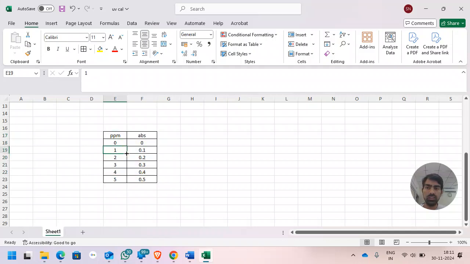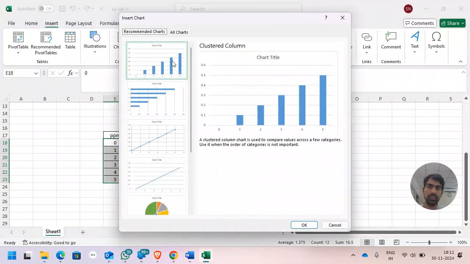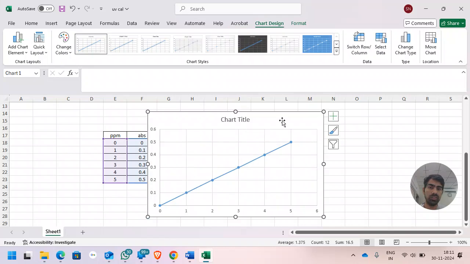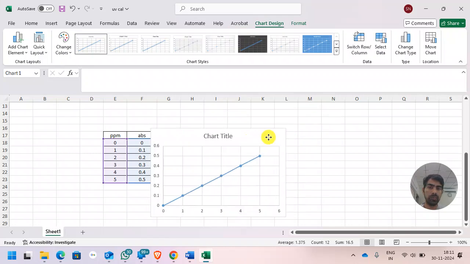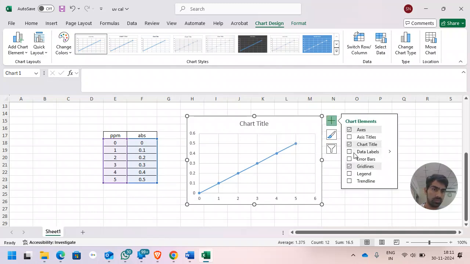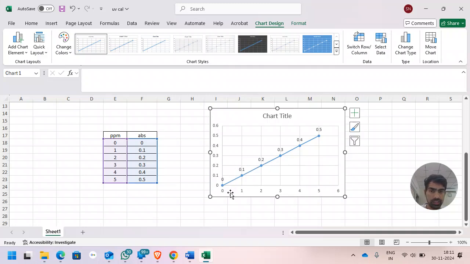Okay, for this we prepare a linearity graph. We click some recommended graphs. Okay, it's given some graph. Data labels I'm putting. We can see this linearity graph is very linear, it's going like 45 degrees.